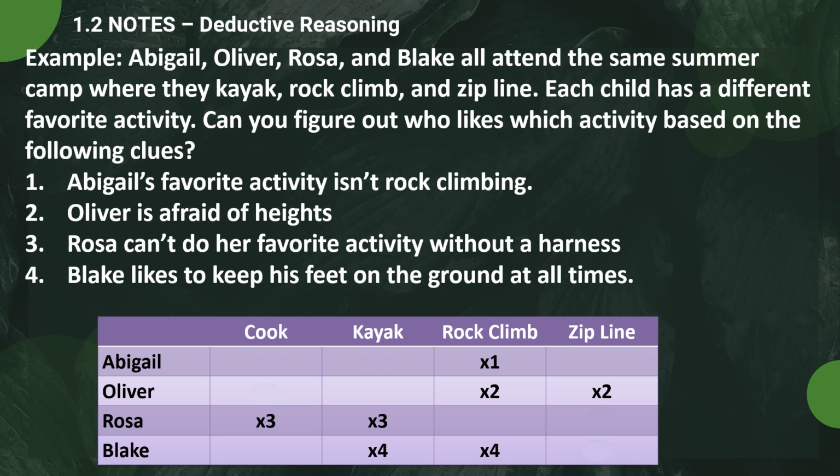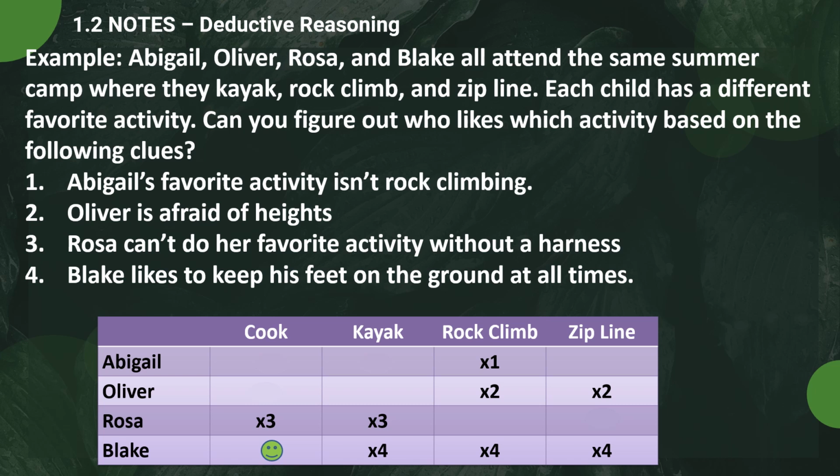He cannot rock climb, nor can he zip line. So it turns out that we were able to determine Blake is the cook. So Blake did the cooking.